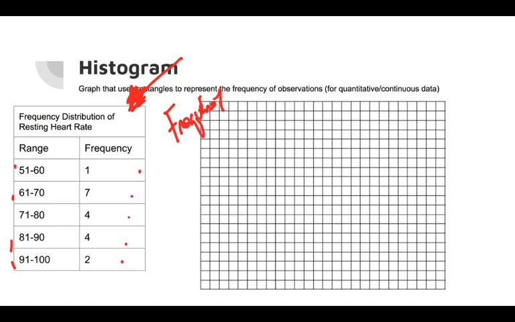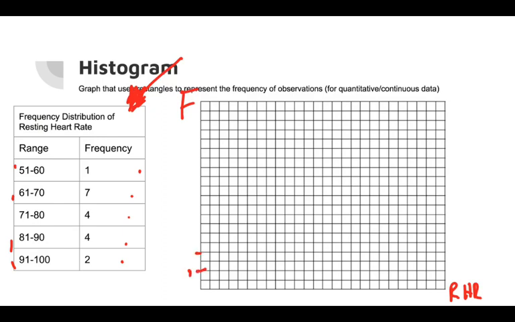Frequency goes on the y-axis, but I probably should just denote it with a capital F, right? So the frequencies go there, and then my ranges, or the resting heart rate, we'll just do it like that, HRH, is going to go on the x-axis. And now you need to decide how to distribute this.